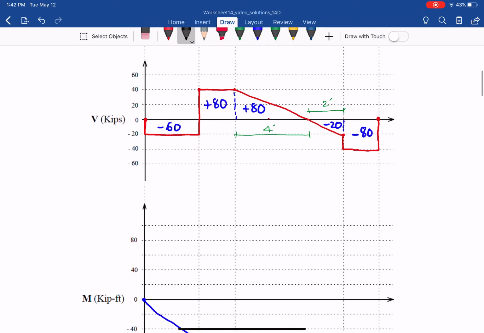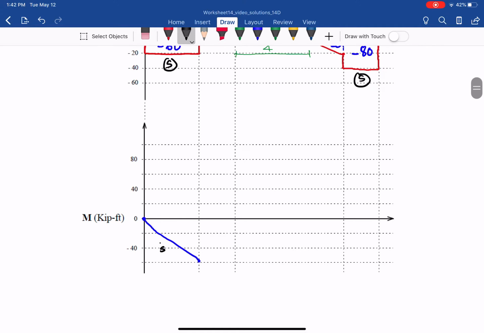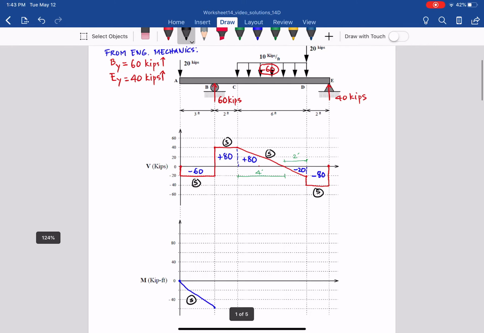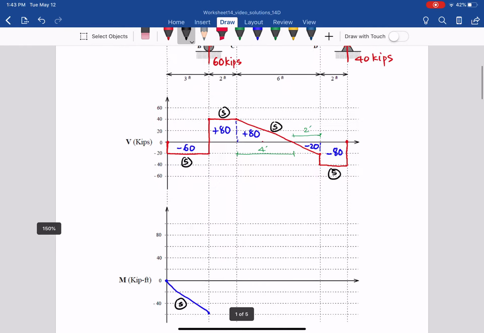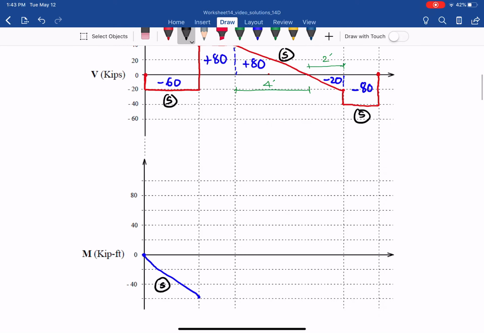Similarly, this is a straight line. And then between B and C, no distributed load, the area under the shear curve is 80, so the change in the moment is 80. From negative 60, it goes to 20, a change of 80, and a straight line again.